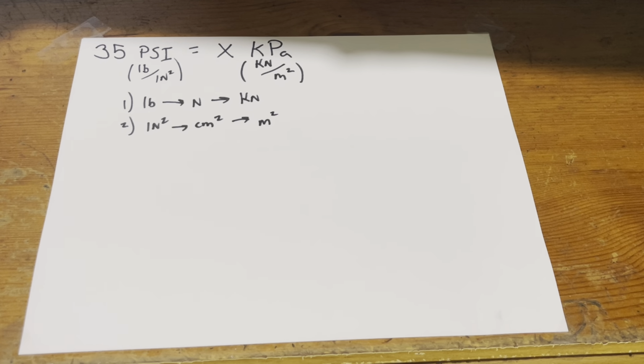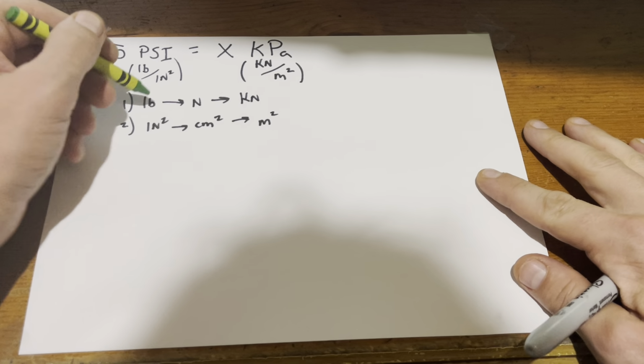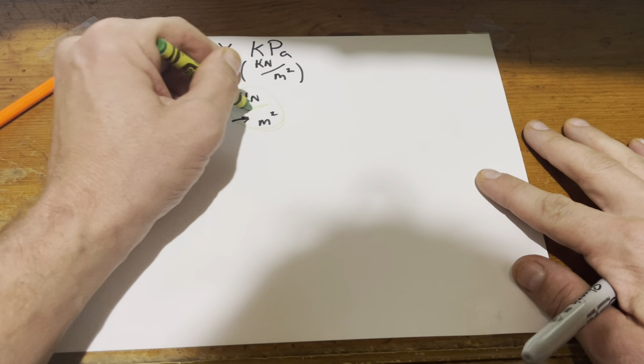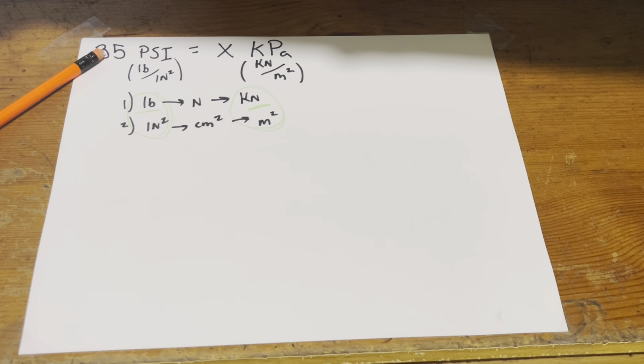So now we have that conversion from inches squared to centimeters squared that meets that requirement. And when we get to the end, we have our pounds per square inch and we have our kilonewtons per meter squared. Those check out. That's what we wanted to see.